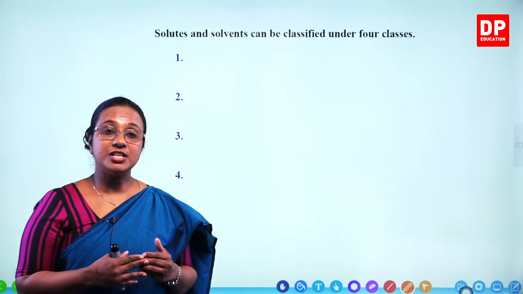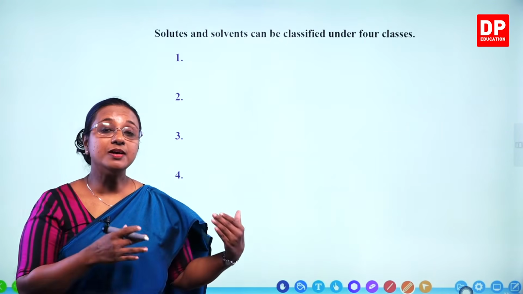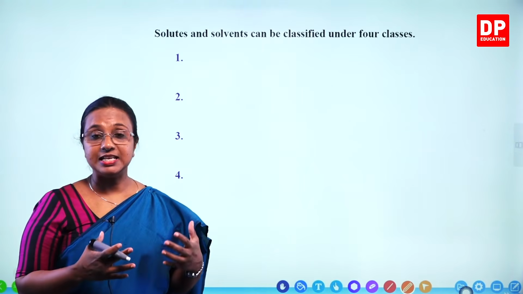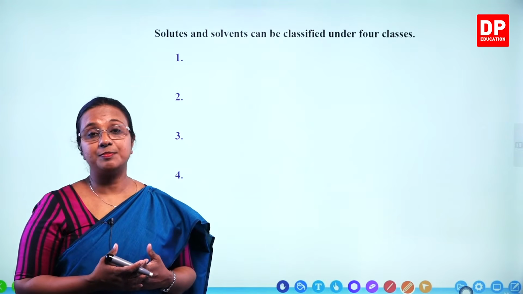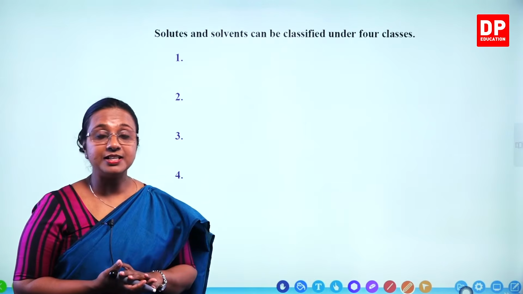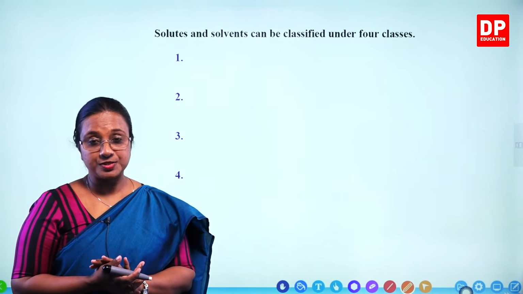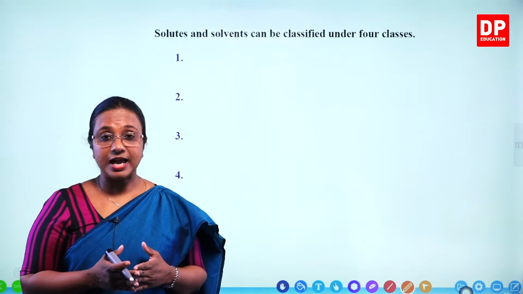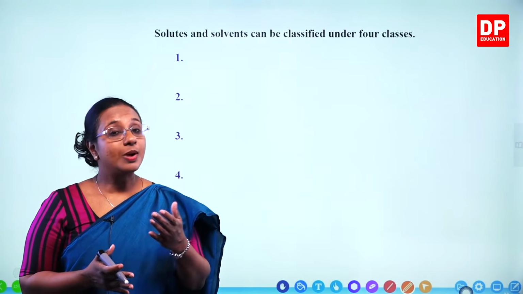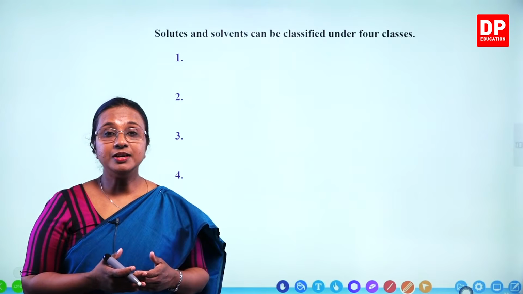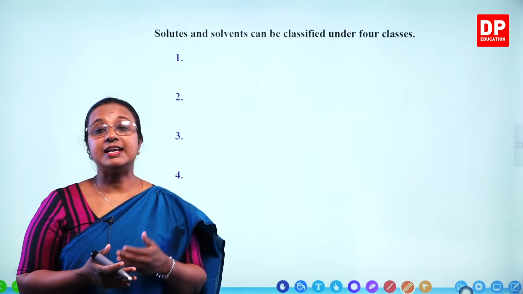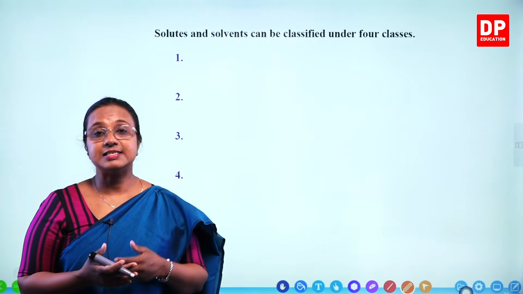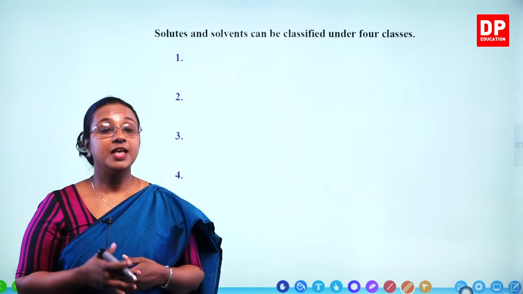So based on this and based on the bonds present in each of these compounds, we can classify them into 4 groups. You all know what organic and inorganic compounds are. What is an organic compound? A compound that has carbon as a constituent element.